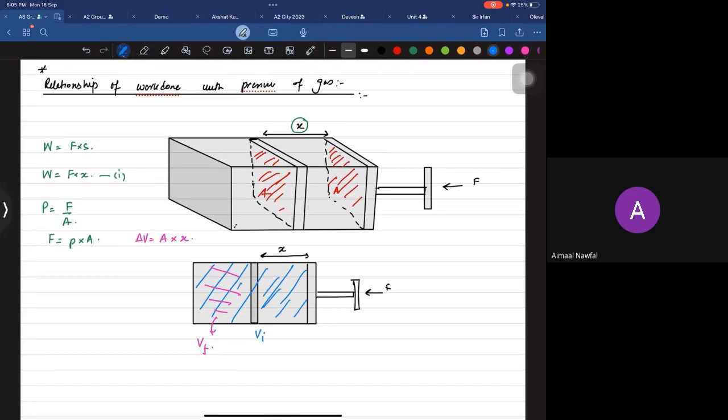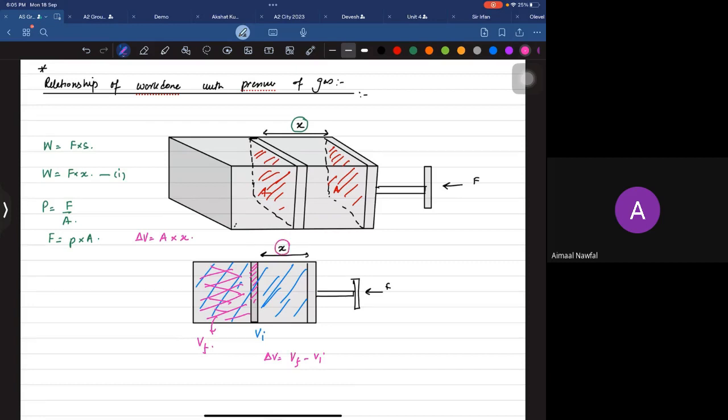You agree? Now when you push the plunger, don't you think only this volume remains? So the change in volume, which is the final volume minus initial volume, is basically because the plunger has moved a distance x within area A. Get it?